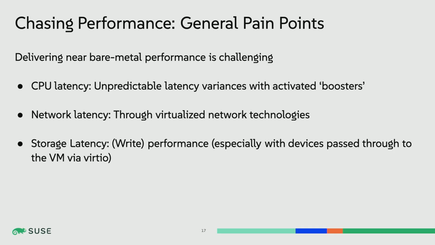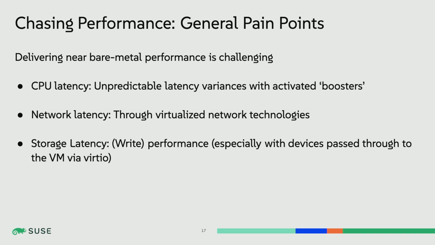Network latency is a problem, especially when you use virtualized network technologies. Bridging works most of the time. Sometimes you even have to go the way that you pass through your PCI network device to the VM to minimize network latency.